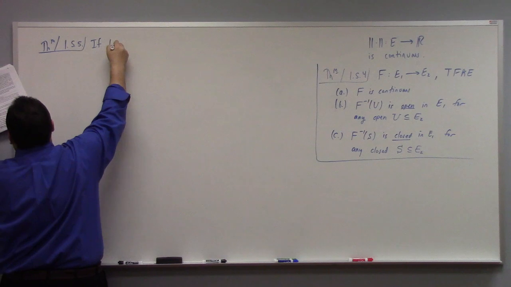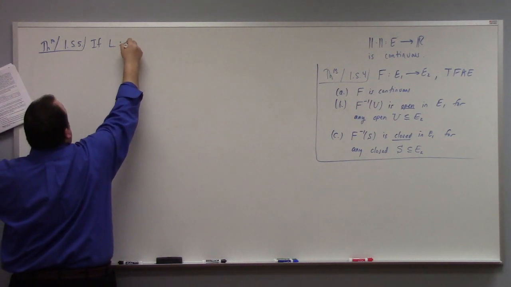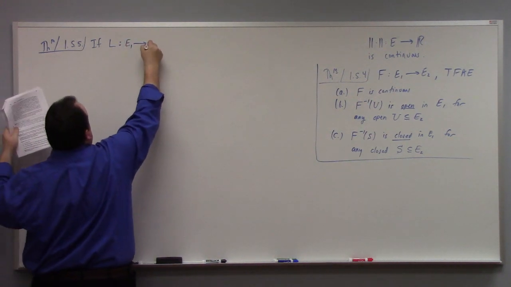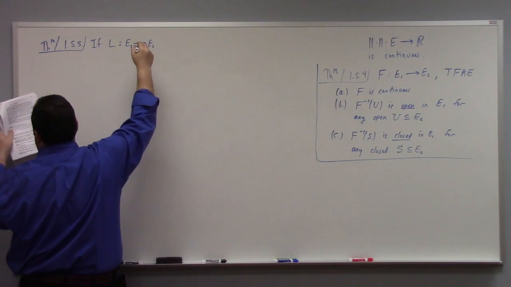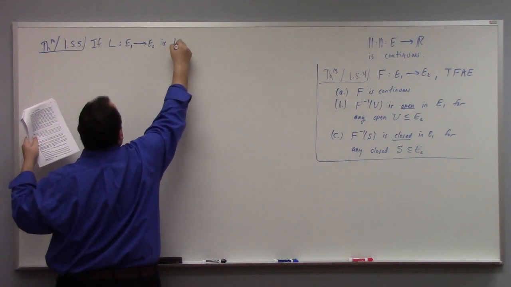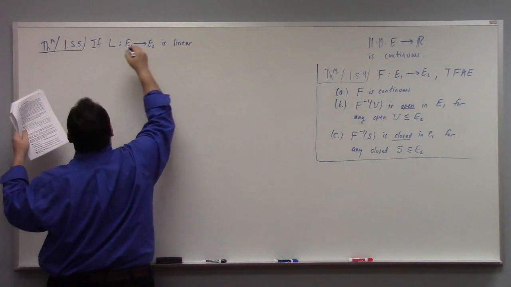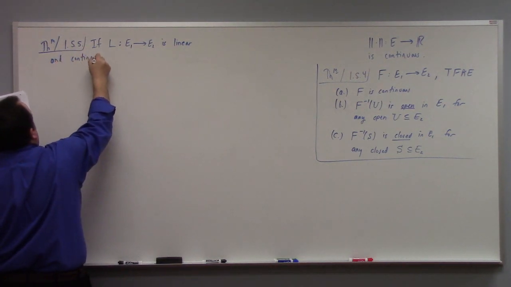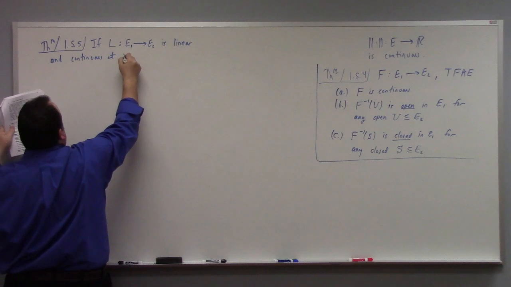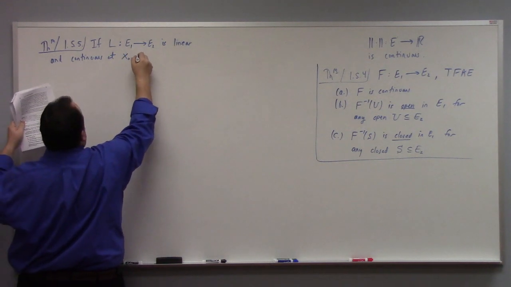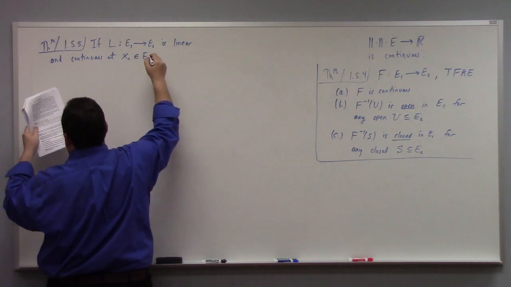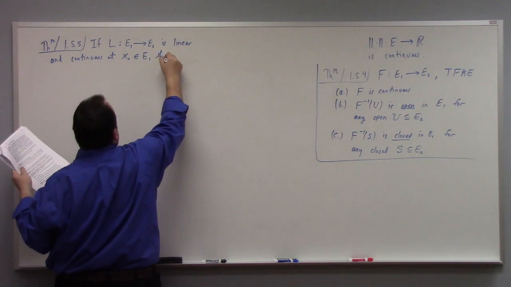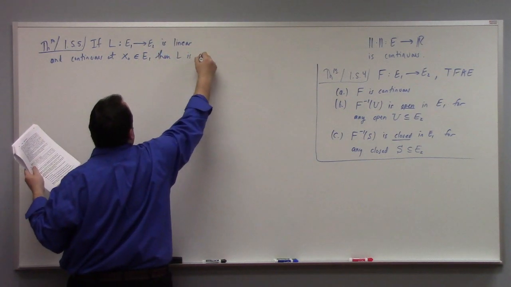If L from E1 to E2 is linear and continuous at x naught in E1, then L is continuous.